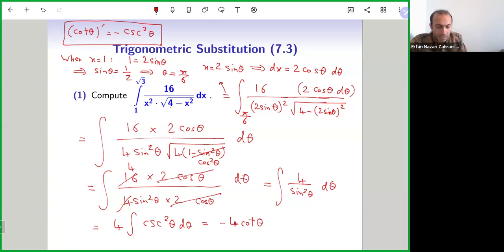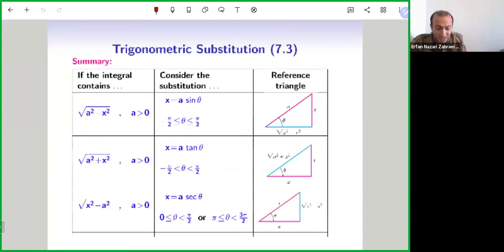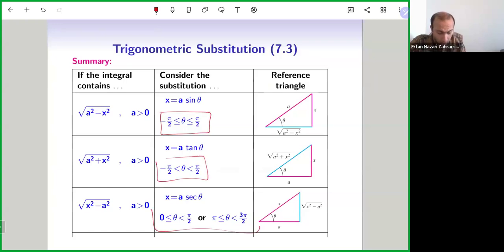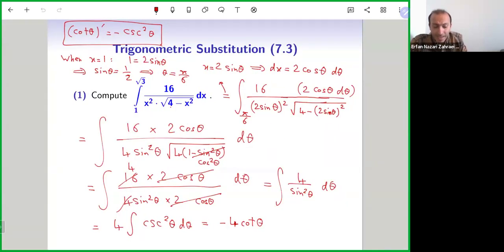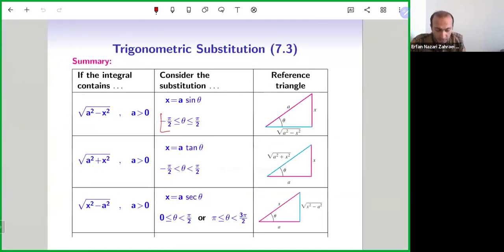One extra comment: you need to take theta values in this range, not an arbitrary one. For example, there are other angles than pi over 6 that have sine 1 over 2, but you can't use any of them. You should use pi over 6 because of these assumptions that I'm in these intervals. What's the problem if you are not in these intervals and you use other values? Do you remember when we had absolute value of cosine, absolute value of secant, absolute value of tangent, and we dropped the absolute value?